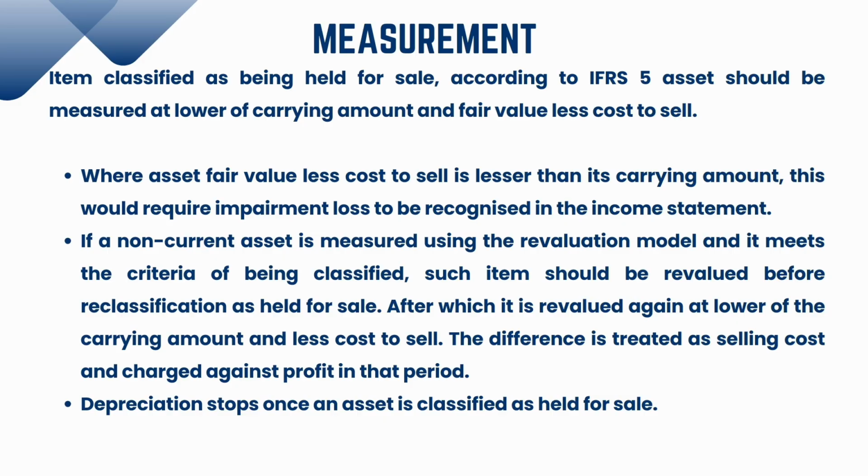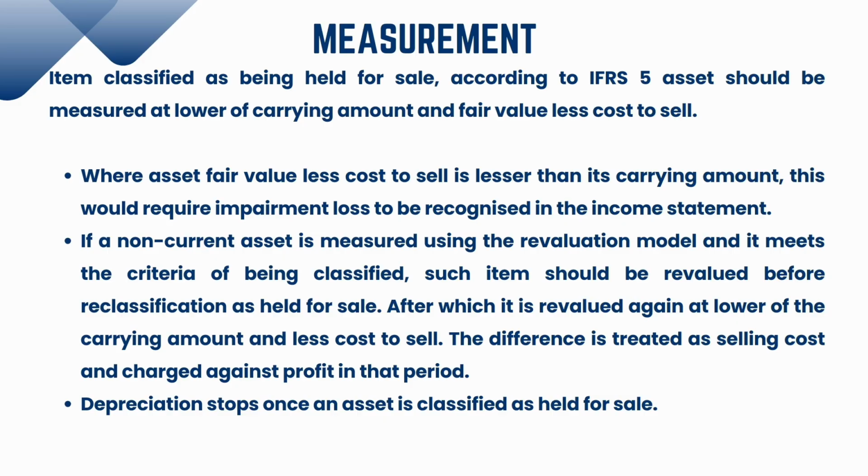After you've done that, what next? You measure the asset again at the lower of fair value less costs to sell and carrying amount. Remember our carrying amount is 1,500 naira. So what is our fair value less costs to sell? Let's say our fair value less costs to sell is maybe 1,100 naira, right?